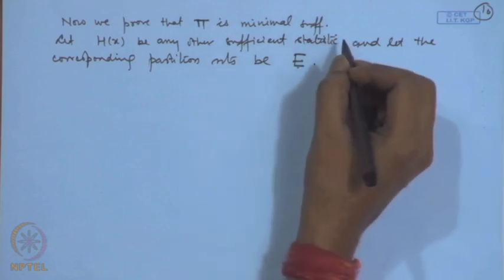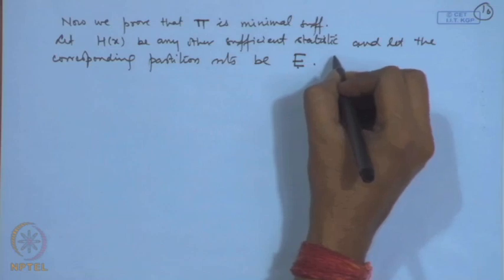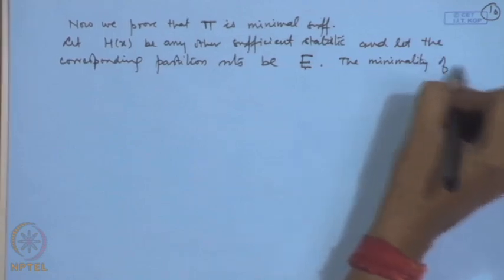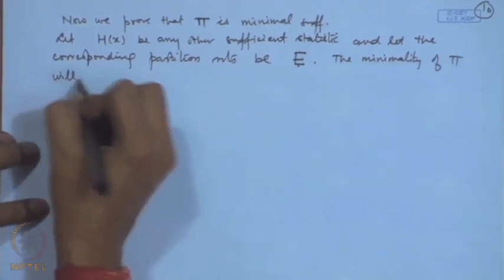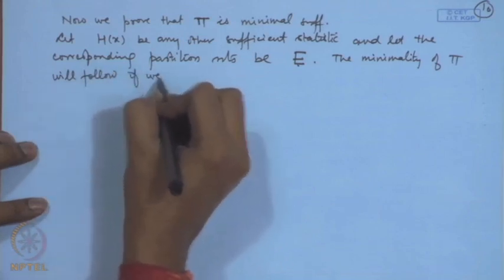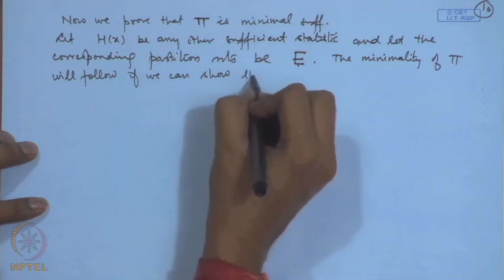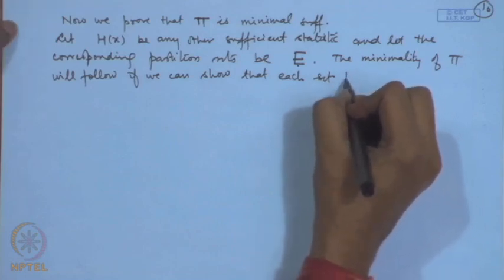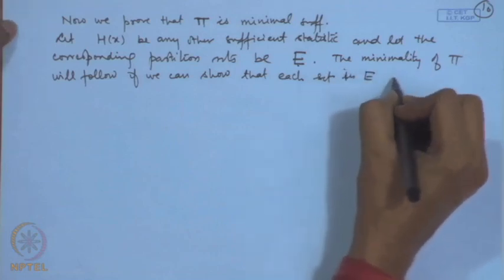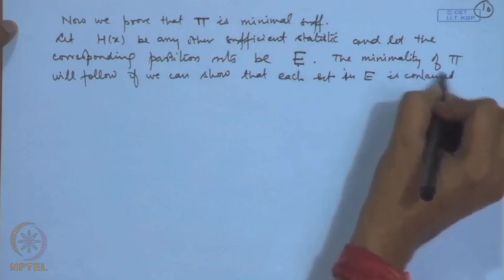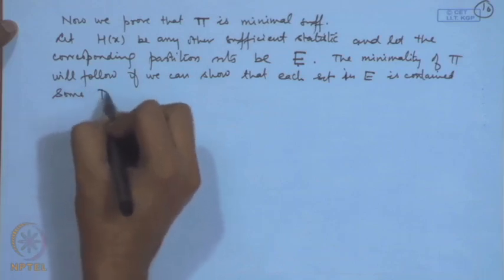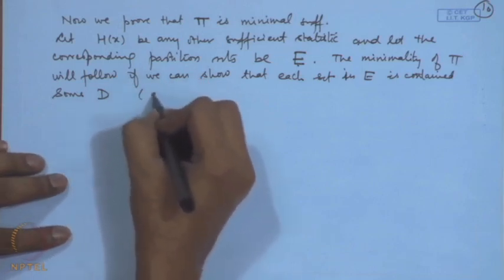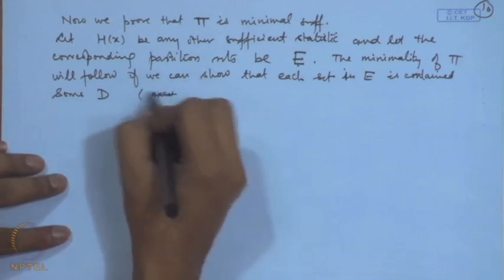Now, the minimality of pi will follow if we can show that each set in E is contained in some D. Except of course, the points where the probability is 0.